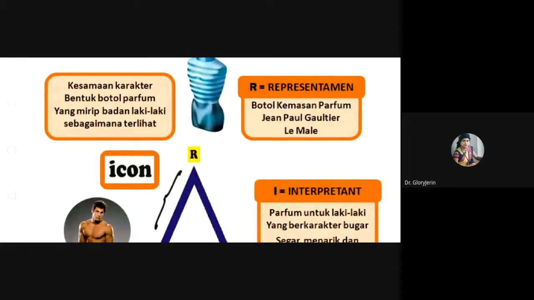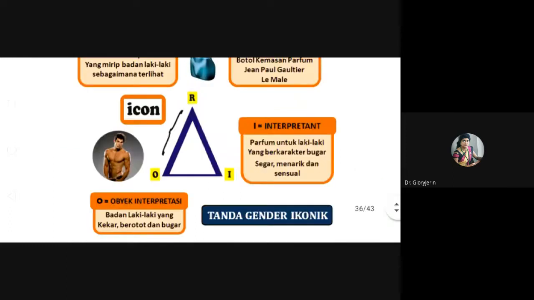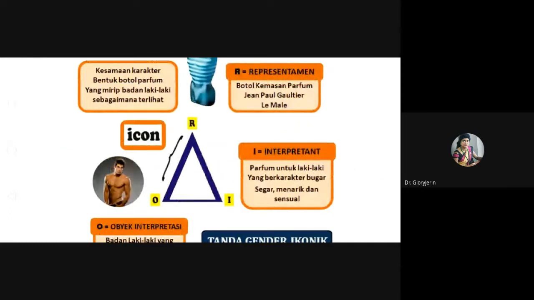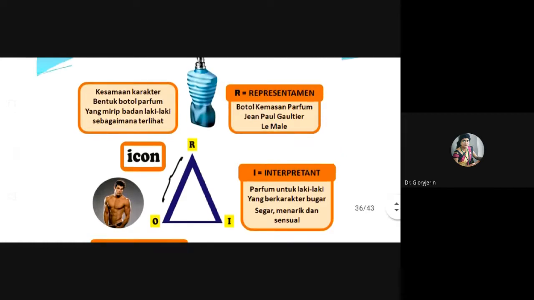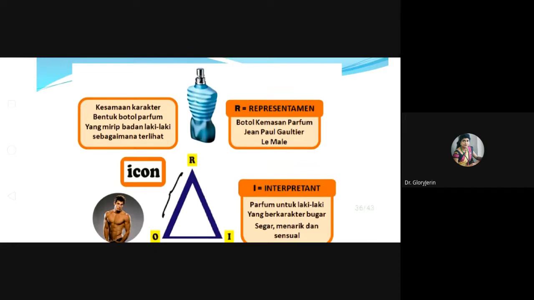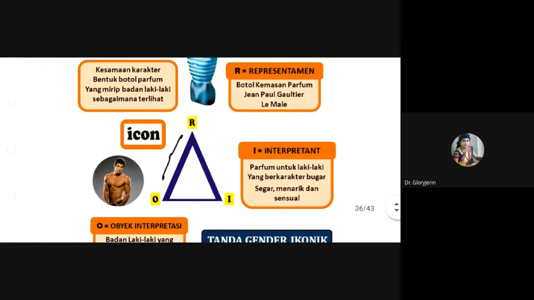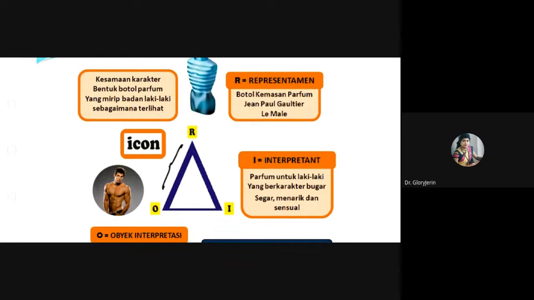Now we can analyze this relationship, R and O. R, the representation, is the perfume bottle, shaped like the man's gesture. O, the object, is a picture of a man with a muscular chest, a macho man.